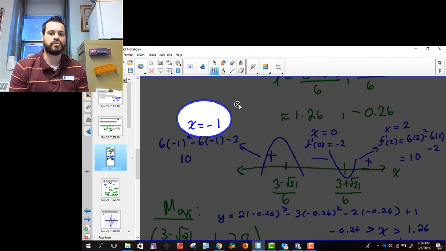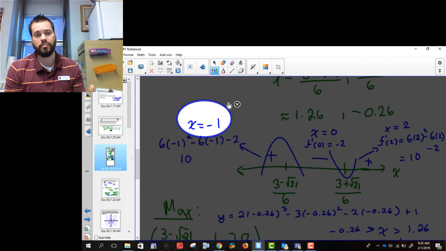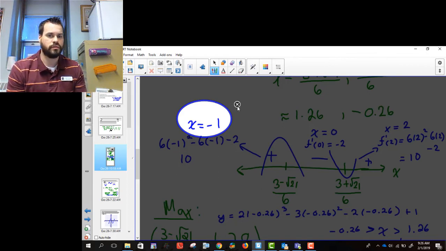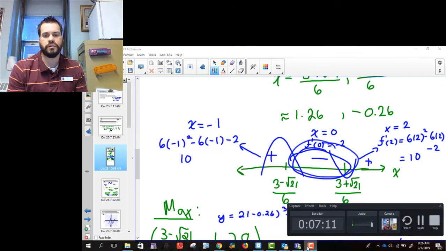Okay? To figure out the sign of the derivative, we don't care what the number is, but is it positive or negative when x is minus 1? So, okay, plug in minus 1 into my derivative and it comes out to 10. So it's positive there. Then I look at this interval, between minus 0.26 and 1.26.